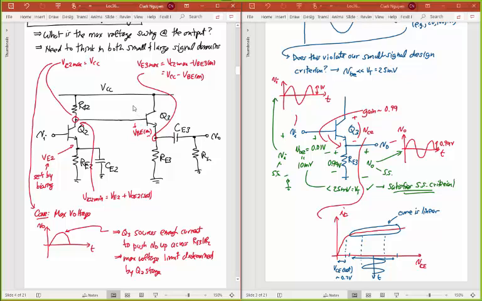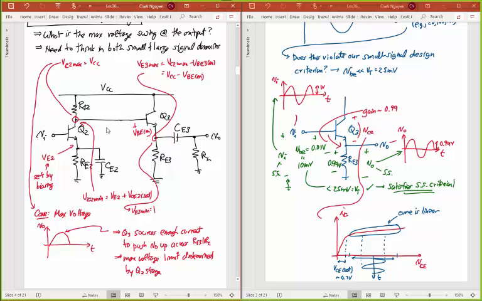Okay, so that's the maximum voltage, but now I want this minimum voltage out here. I know what the minimum voltage is at Q2, and so that's going to dictate the minimum voltage at the output as well. And so at this output, I can go down here and write that VE3 minimum. That's got to be equal to whatever this VC2 minimum is.